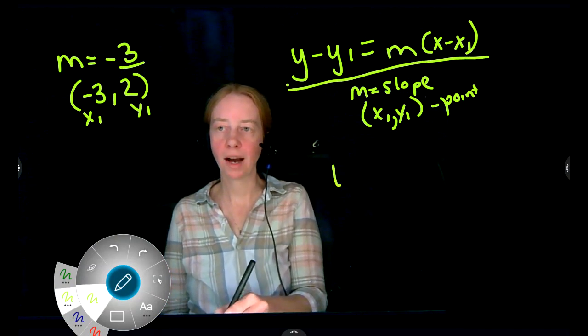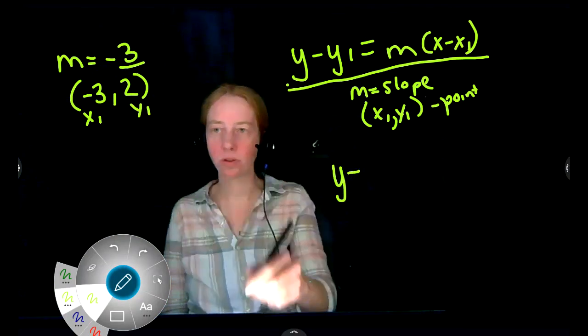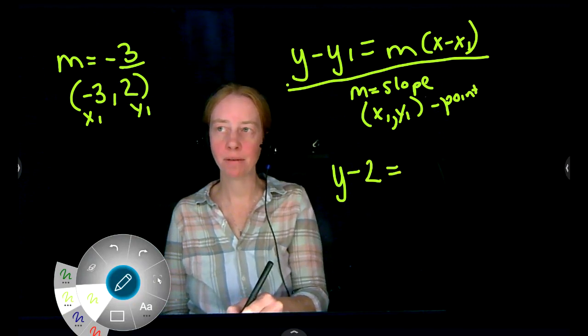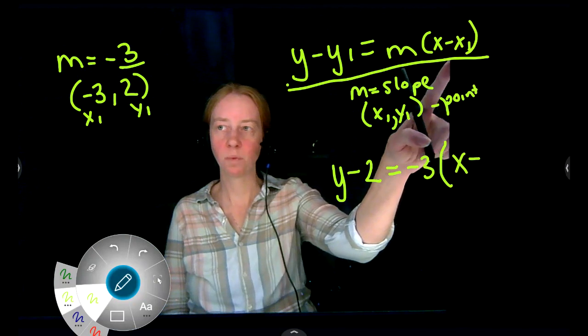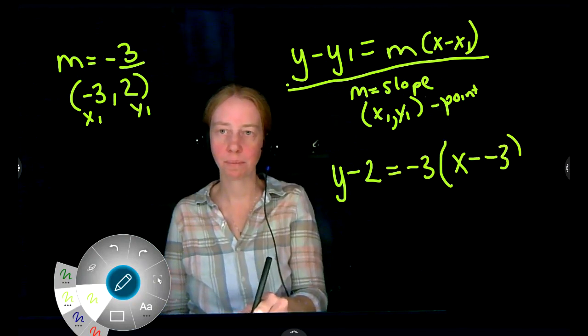So y minus my y1, which is 2, equals m, in this case -3, times x minus x1. My x1 here is -3.